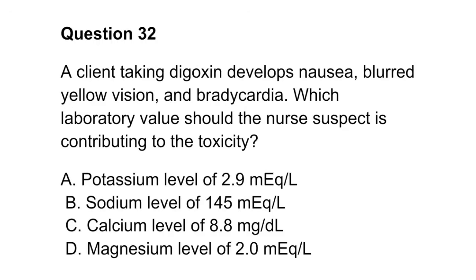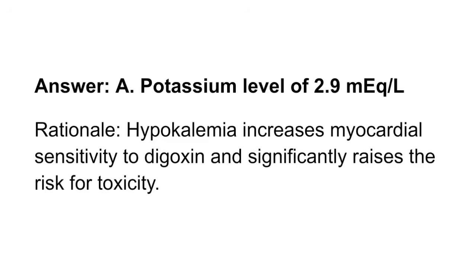C. Calcium level of 8.8 milligrams per deciliter. D. Magnesium level of 2.0 mEq/L. Answer: A. Potassium level of 2.9 mEq per liter. Rationale: hypokalemia increases myocardial sensitivity to digoxin and significantly raises the risk for toxicity.